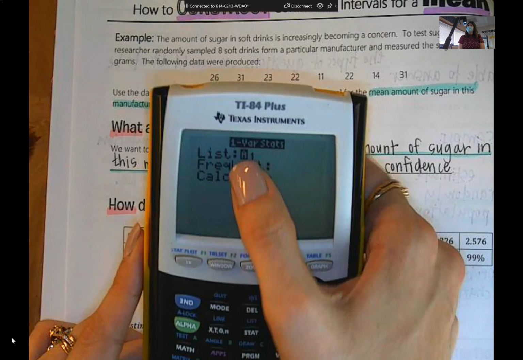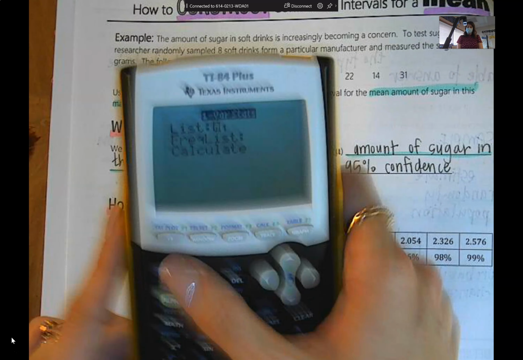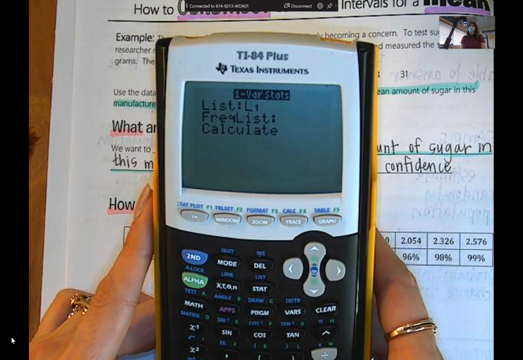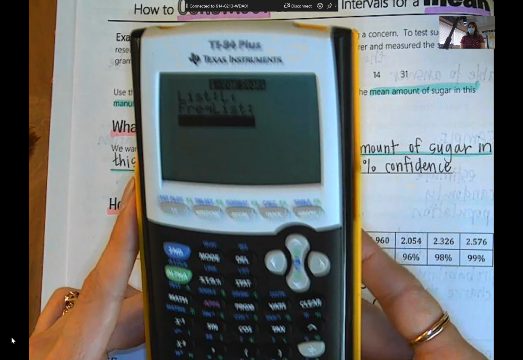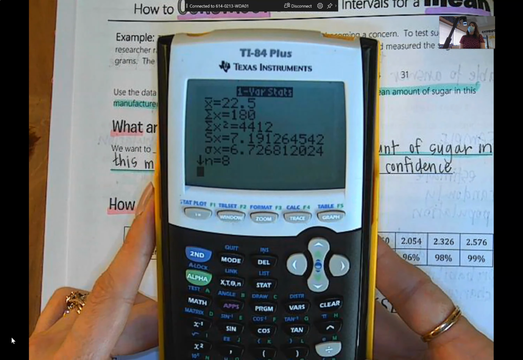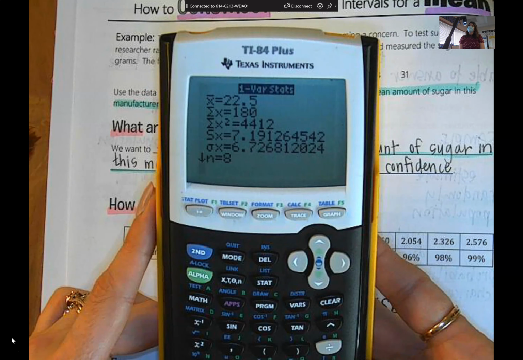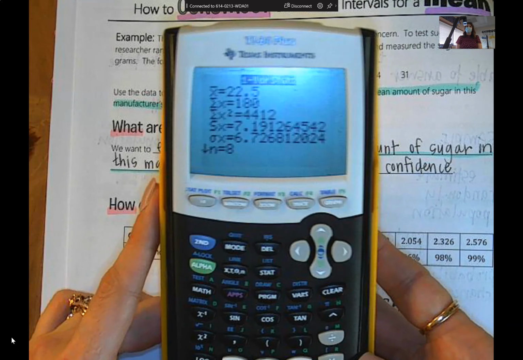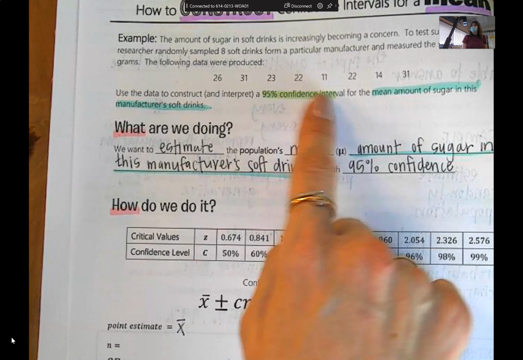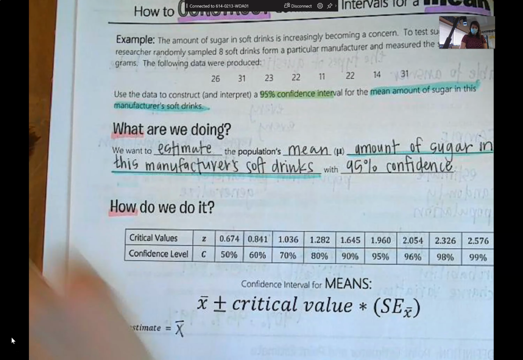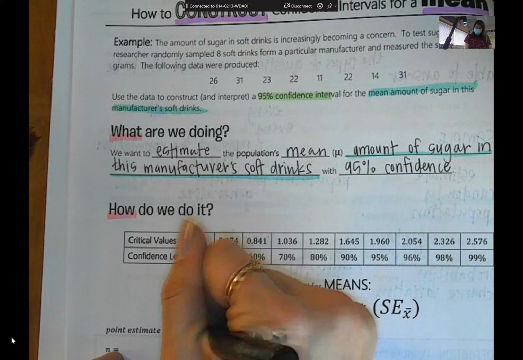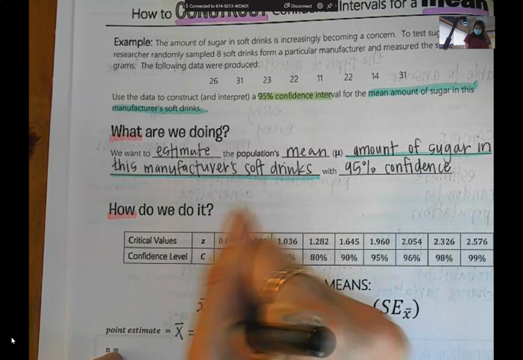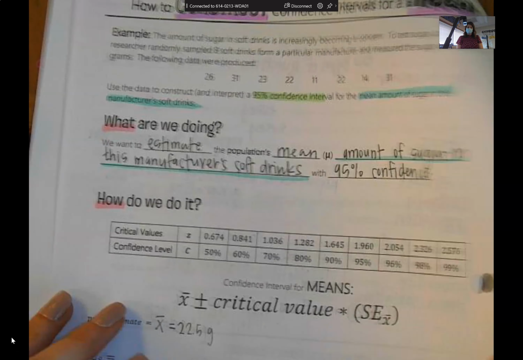To change your list, you hit blue button and the number of your list, enter through, and I get a mean of 22.5. So the average of these 8 soft drinks is 22.5 grams. That's not too bad.